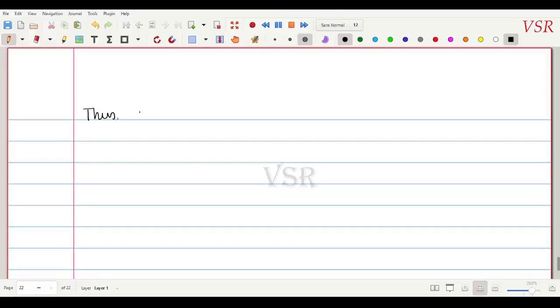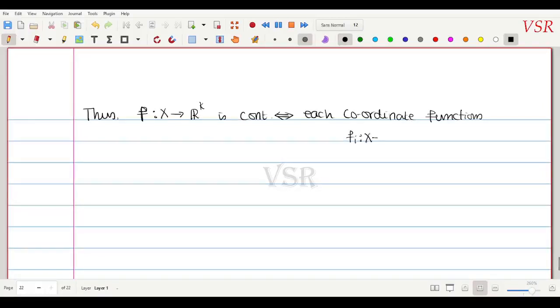Thus f from X to R power k is continuous if and only if each coordinate function fi from X to R is continuous. Look carefully: the domain is X and the codomain is R power k.